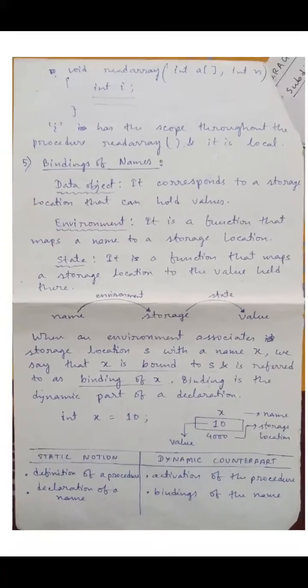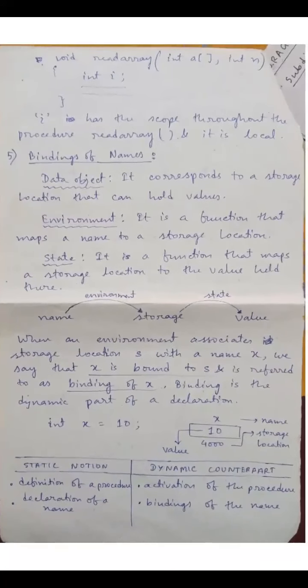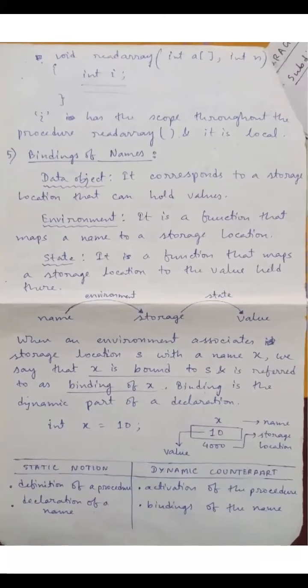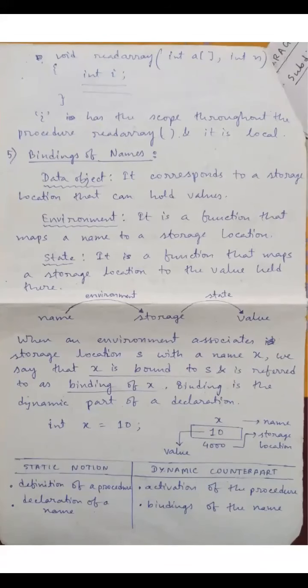The variables which we declare inside a function or procedure. Yes, very good. And what is global? The ones outside the function, which can be used throughout the source code, the program. Yes. Take an example, the read array function, where inside read array we have declared a variable int i.